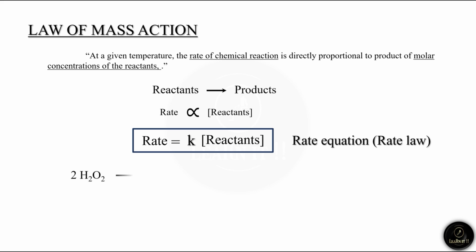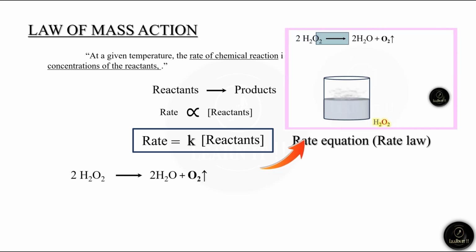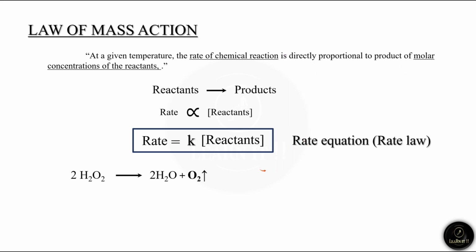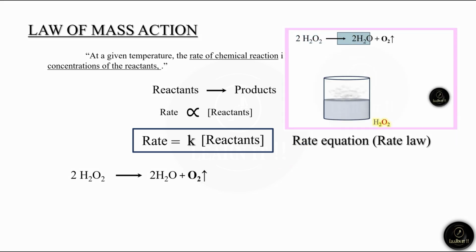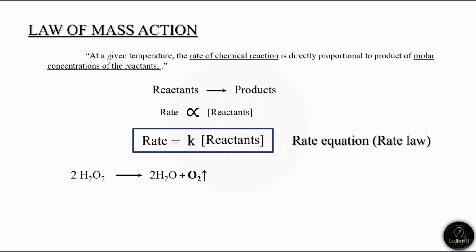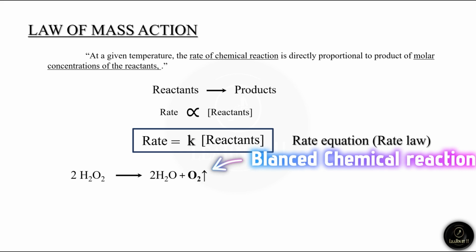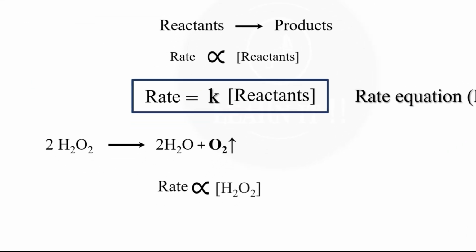So let's take one example as we discussed before, that is decomposition of hydrogen peroxide into water and oxygen. As the reaction is balanced, it is called a balanced chemical reaction. So when we apply the law of mass action to this equation, then rate is directly proportional to concentration of hydrogen peroxide into concentration of hydrogen peroxide, because 2 reactant molecules are involved.